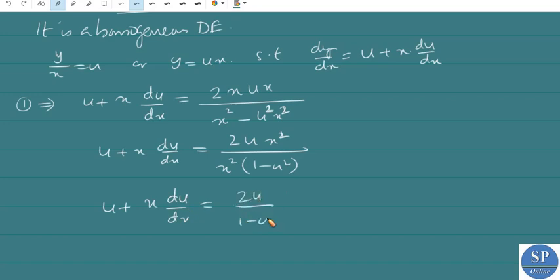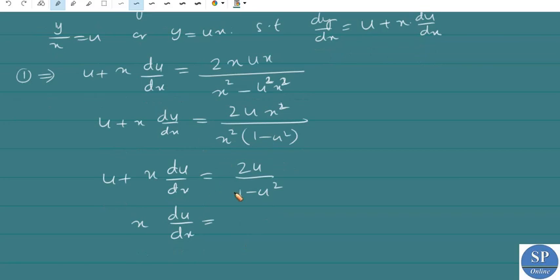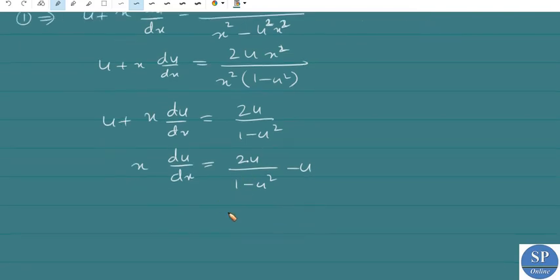2u divided by 1 minus u square, that is x du by dx equal to 2u divided by 1 minus u square minus u. So this is nothing but 2u minus u into 1 minus u square, divided by 1 minus u square.